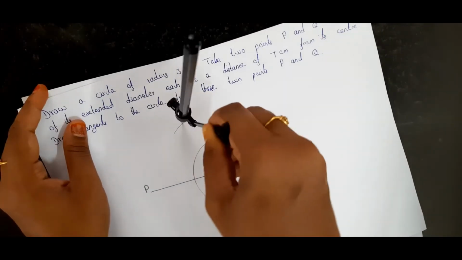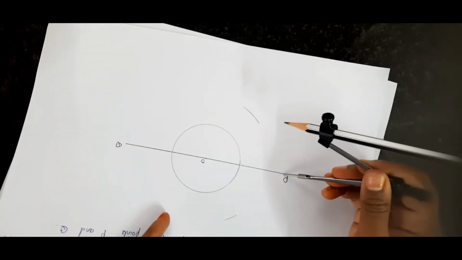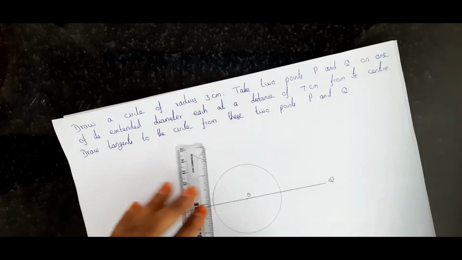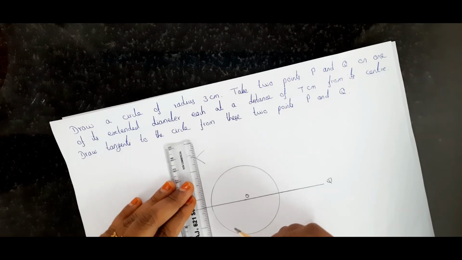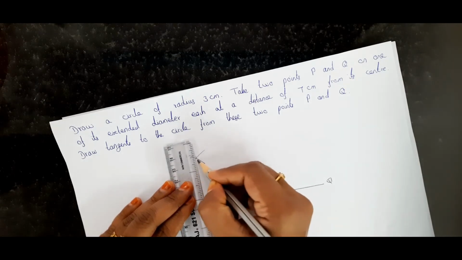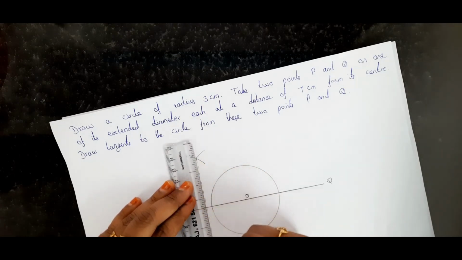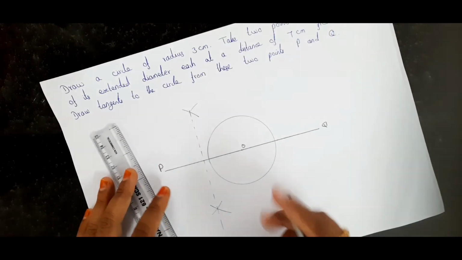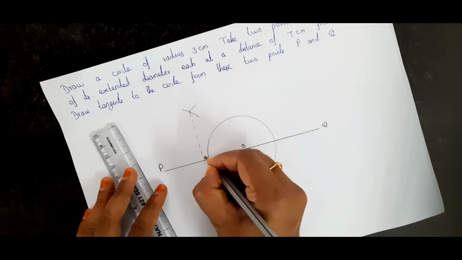Both sides you can cut. Okay, now using the scale, we have to join, right? Where the perpendicular bisector intersects OP, I am taking this point as M.